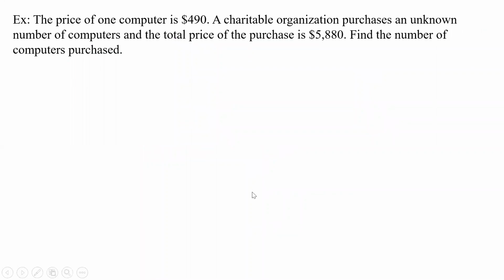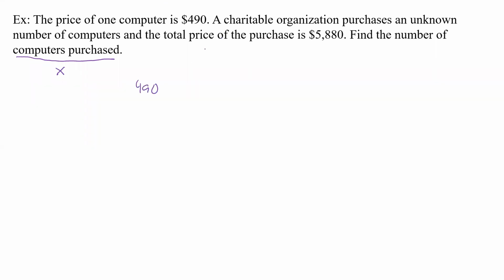All right, so here we have the price of one computer is $490. A charitable organization purchases an unknown number of computers, and the total price of the purchase is $5,880. Find the number of computers purchased. Well, so what we're looking for is computers purchased. So let's call that X. And it says the price of one is $490.